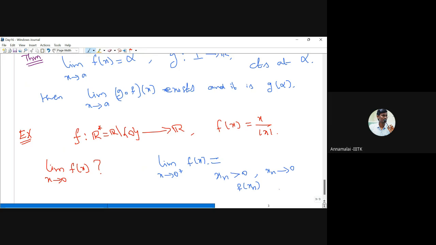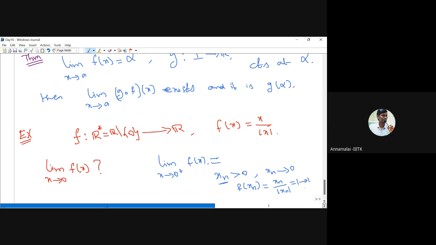Now, what is f of xn? By the definition, f of xn is xn by modulus of xn. But xn's are positive, therefore modulus of xn is nothing but xn. Therefore, xn is cancelled. We have 1. Therefore, f of xn is the constant sequence 1, 1, 1 which converges to 1.